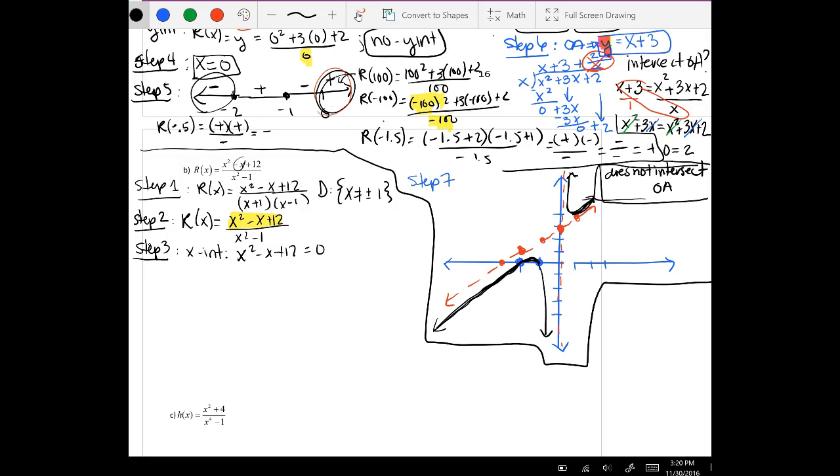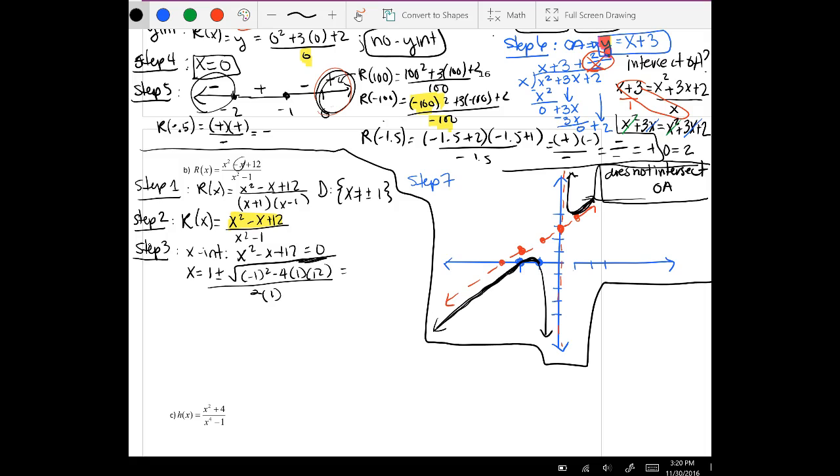We know we tried to factor that, but since we can't, I'm just going to use the quadratic formula. So negative b, so it's going to be positive 1 plus or minus the square root of b squared, so negative 1 squared minus 4 times a, which is 1, times c, which is 12, all over 2 times 1.